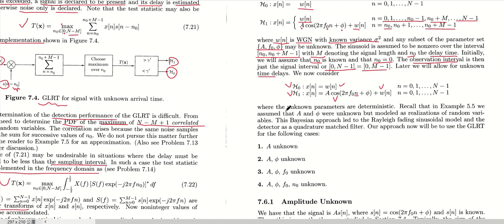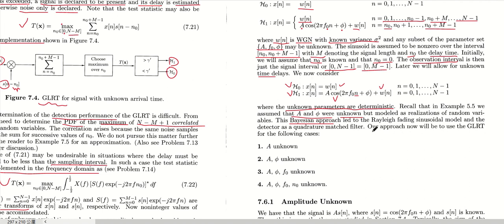The unknown parameters are deterministic. In some sections we talk about the Bayesian approach, where the parameters are random variables, modeled as realizations of a random variable. That's the Bayes approach.